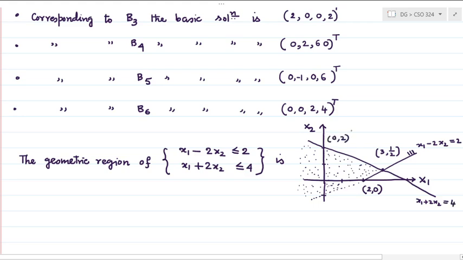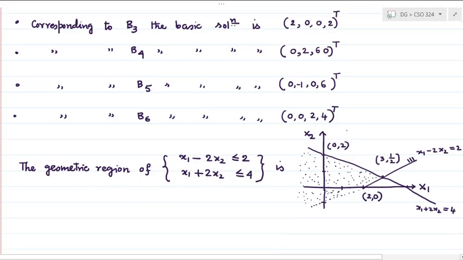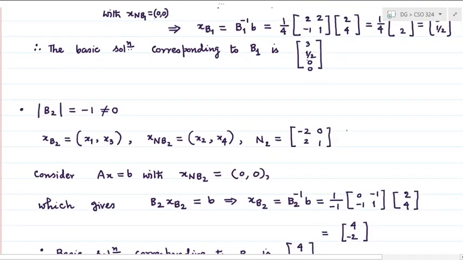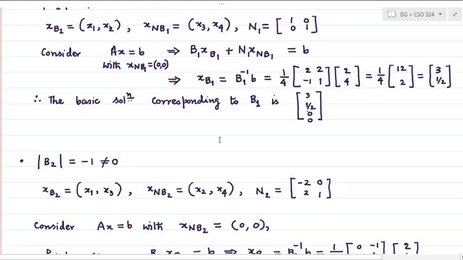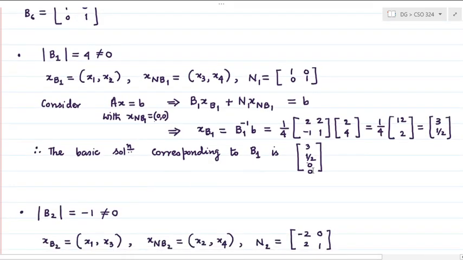Let us now look at the locations of all the basic solutions. For the first basic solution, 3 is your x1, half is your x2, 0 is x3, and 0 is x4.